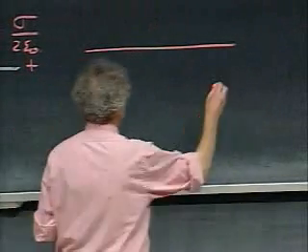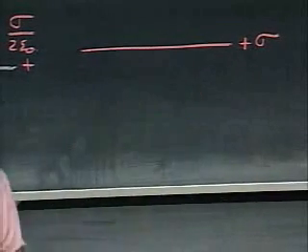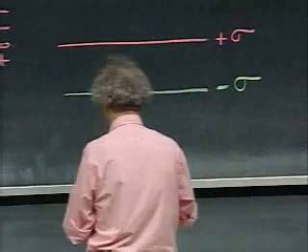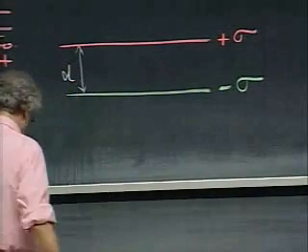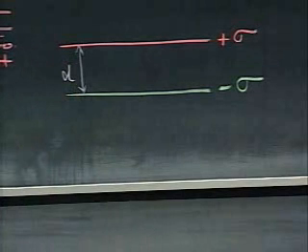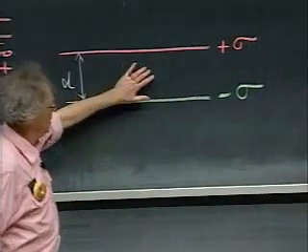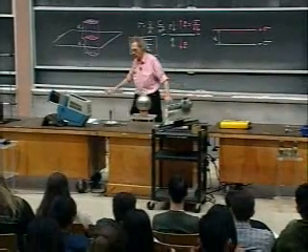And it has a surface charge density plus sigma. And I have here a plate which has surface charge density minus sigma. And the separation between these two plates happens to be d. And the question now is, what is the electric field anywhere in space? Here, here, and here. And we'll think of them as being infinitely large, each plate.